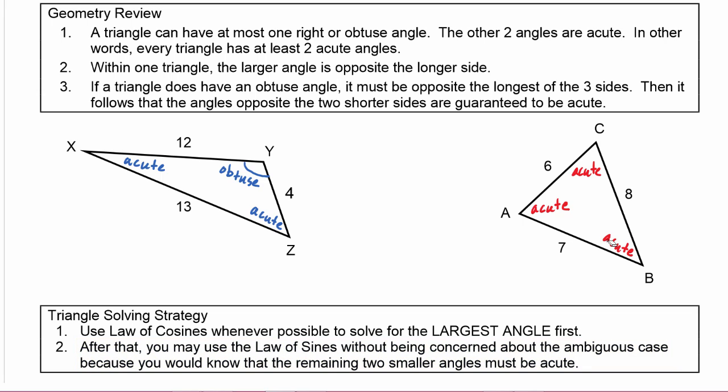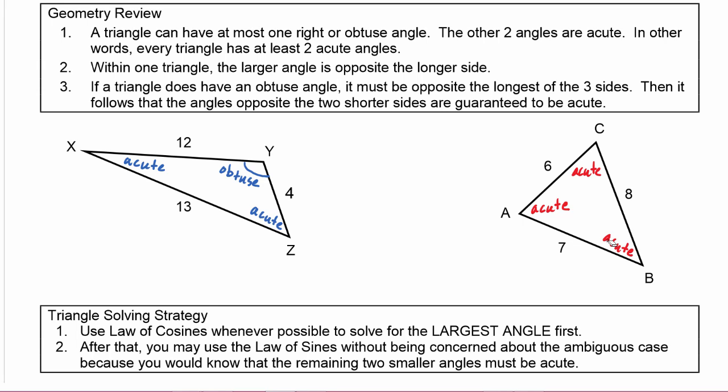And we like to use the law of sines wherever we can because it's a little bit shorter and quicker than using the law of cosines. The great thing about using the law of cosines is that it has no ambiguous case, so you will always know if you have an obtuse or an acute angle.